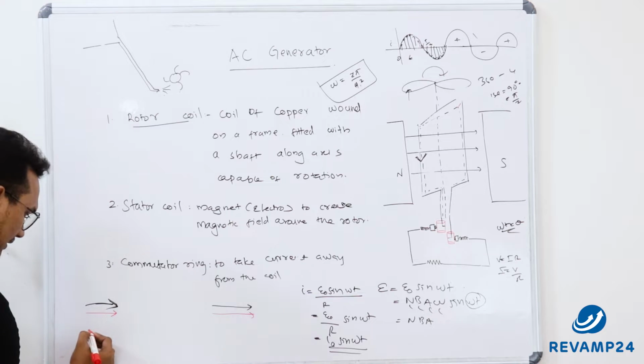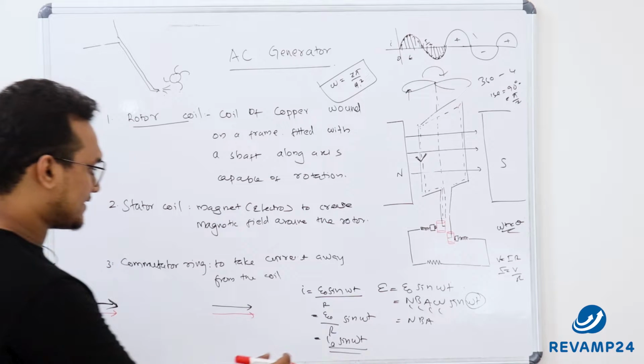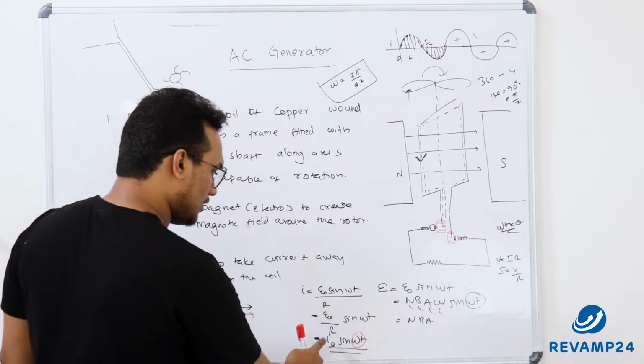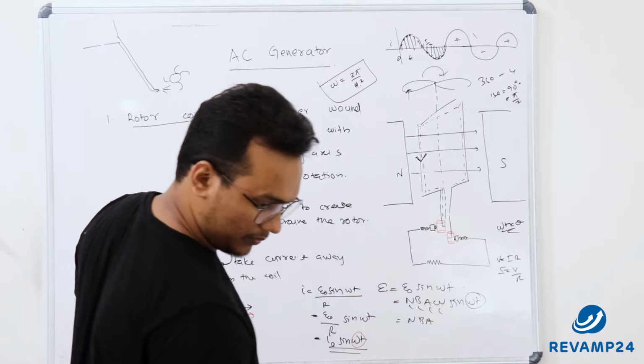So angle theta is equal to 0, and that is at time t equal to 0. Now instead of omega t I can substitute 0, and the value of current will be 0. So I will make a table here.